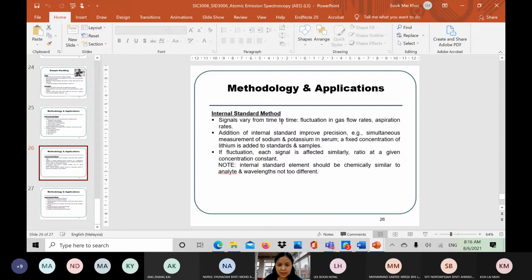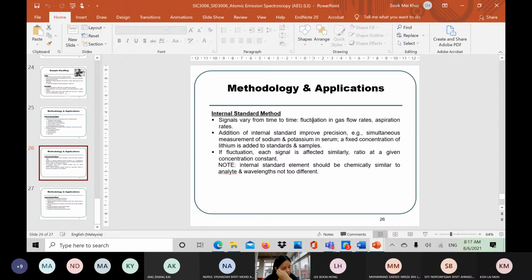The signal will vary from time to time due to the unstable temperature, and two other reasons: the fluctuation of the gas flow rate as well as the aspiration rate.